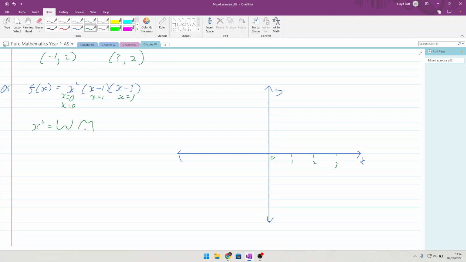Okay, and we also have minus 1 times minus 3, which is plus 3. So we have it going through on the plus 3 of the y-axis. Okay, so now we've got 1, 2, 3, 4, 5. How are we going to make it go through here and here all at the same time? So let's think this through.